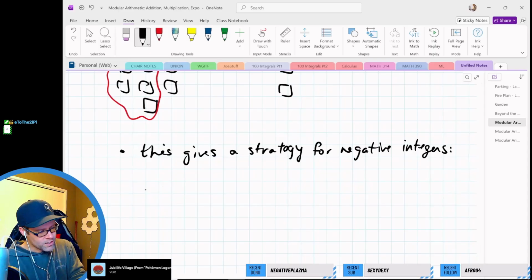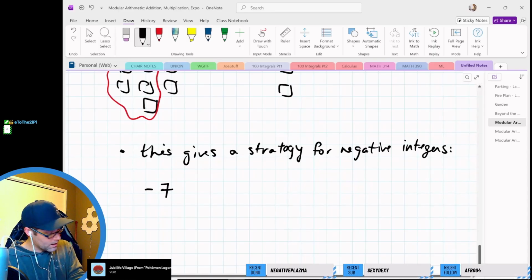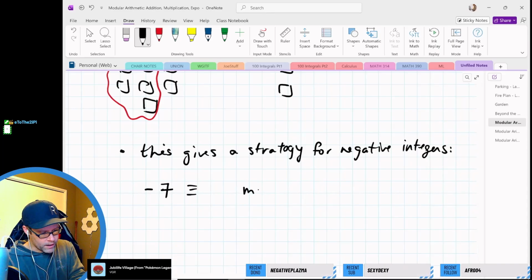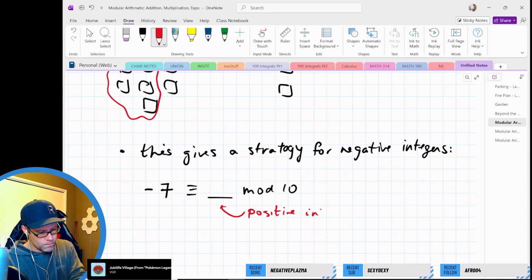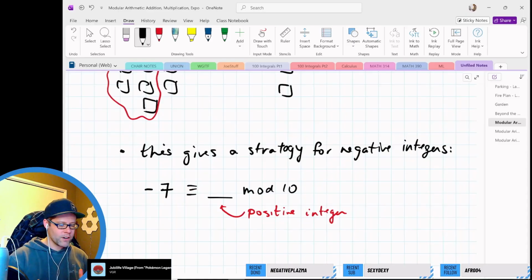That is, if I start with some kind of negative integer and I want to rewrite this in mod 10 as a positive integer, the idea is to add 10 to both sides, and then I get the thing that I want.